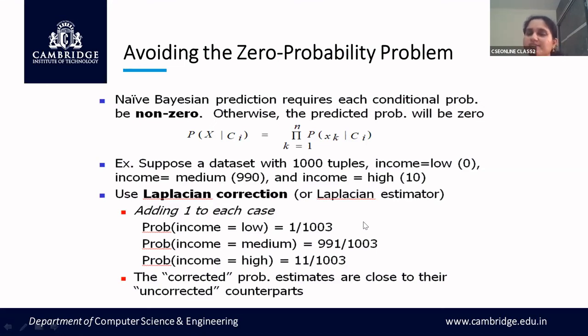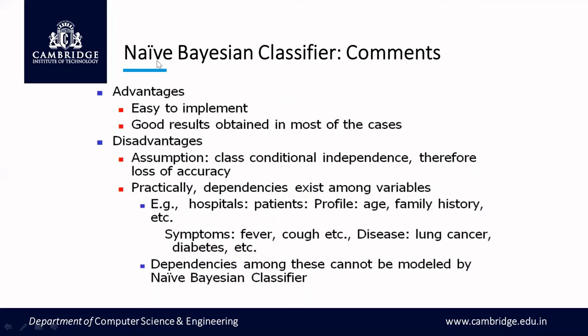Depending upon whatever sample you have drawn from your actual population, you can find its probability. If in case you get 0 probability, that problem can be avoided by using Laplacian correction. In Laplacian correction, you add one more tuple for each of the classes to avoid the 0 probability problem.